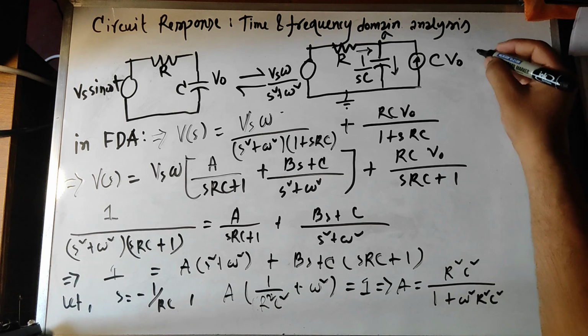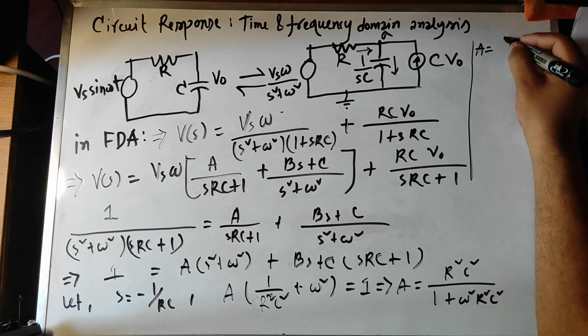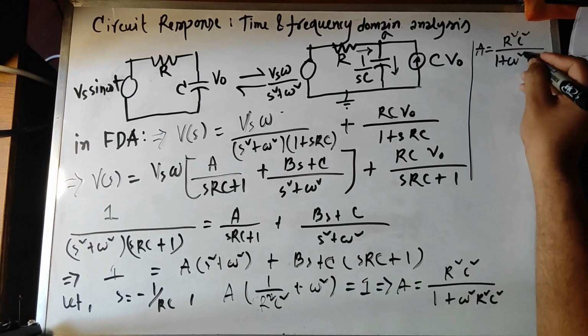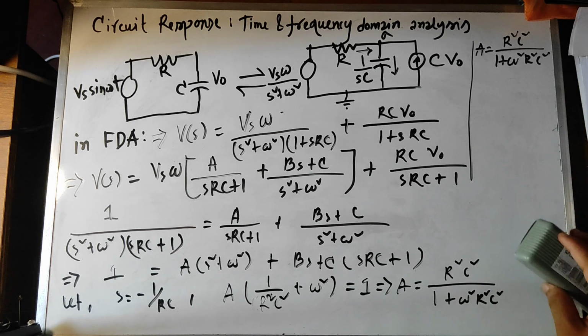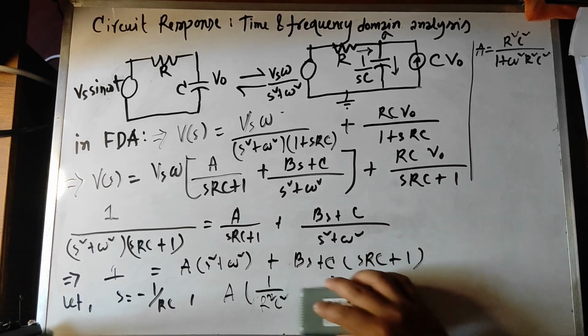Now let us write this here. A equals r square c square by 1 plus omega square r square c square. Now let us equate the coefficients of s square and s.